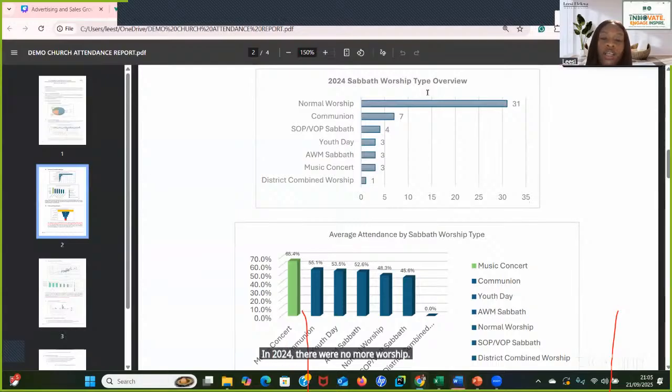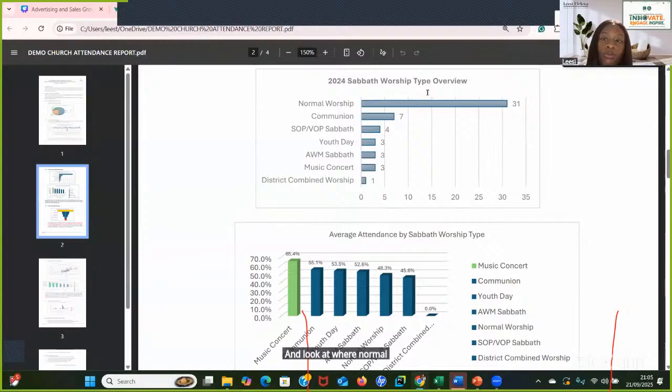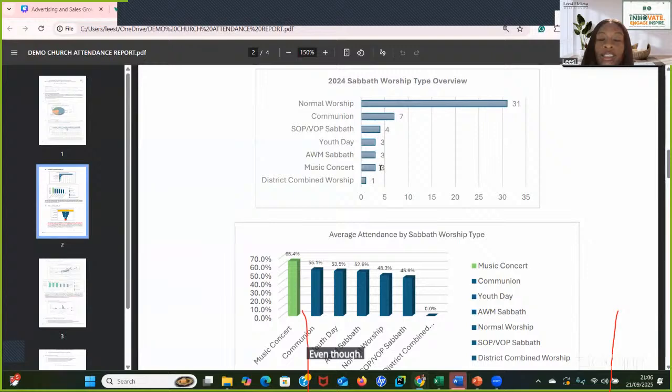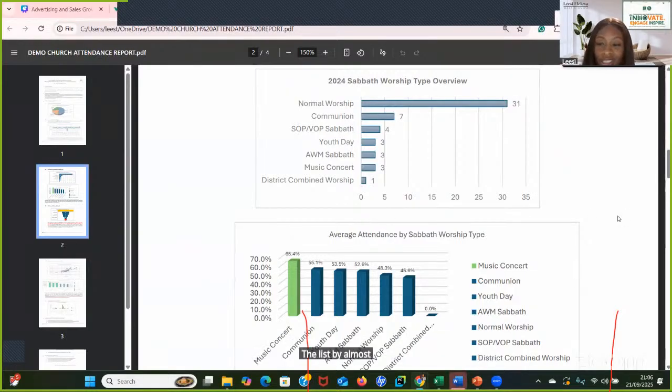But look at the average attendance by Sabbath and look at where normal worship is, for example. If we look at it, we'll discover that on music concert day, the church is filled to the brim, even though music concerts happened only 3 times in that church. From the average attendance by Sabbath worship, music concerts are topping the list by almost 68%.